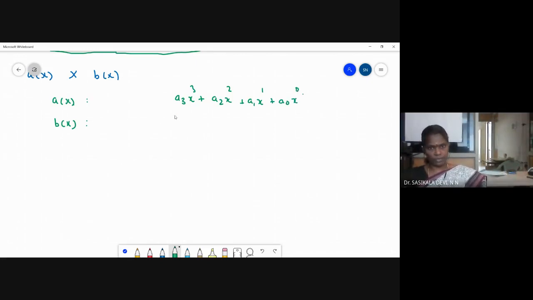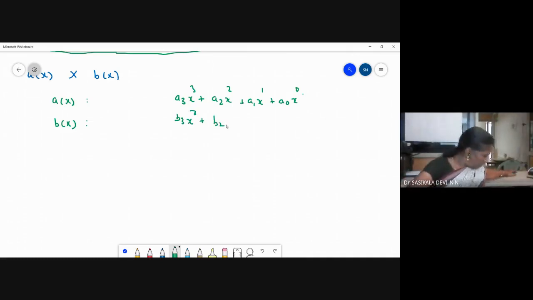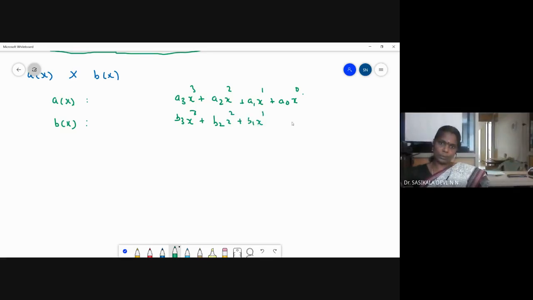And B of x is represented as b3 into x power 3 plus b2 into x power 2 plus b1 into x power 1 plus b0 into x power 0.